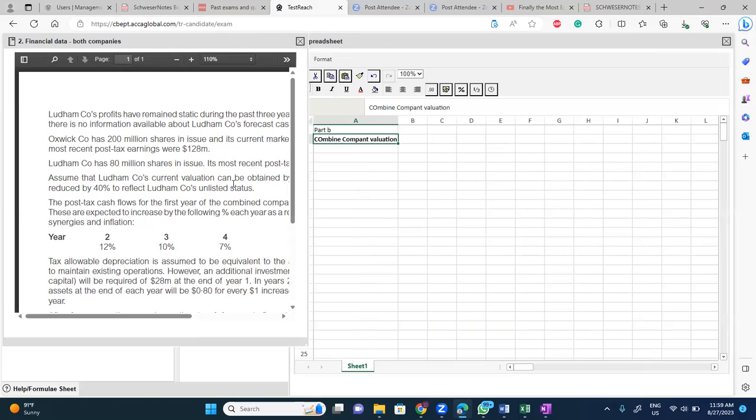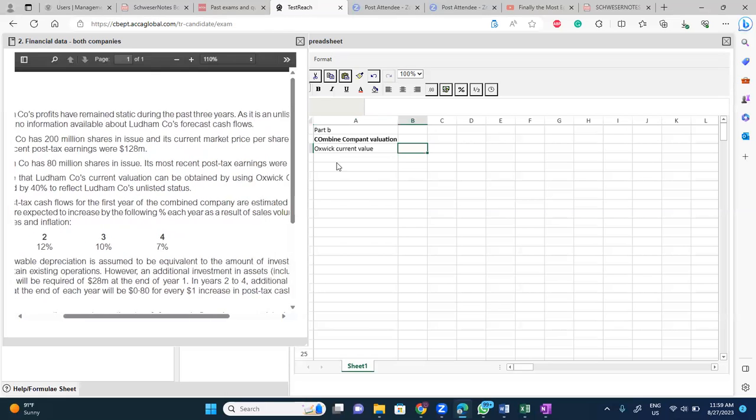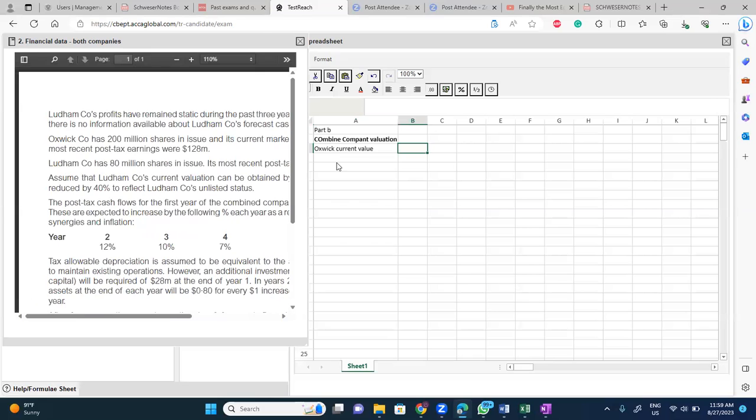First of all, calculate the value of the individual companies. So what is the Oxwick company value? Oxwick's current value: the market value per share is 11.52.